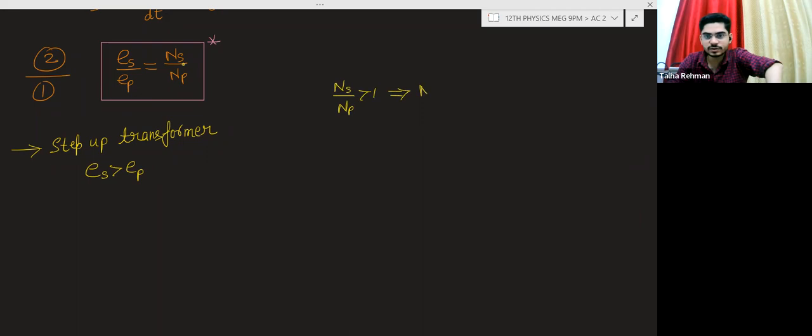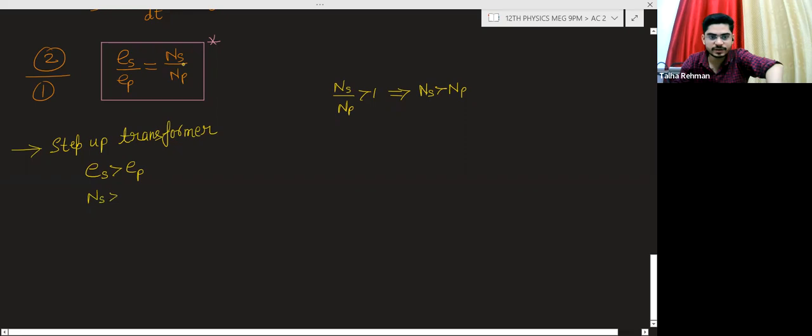So the number of turns in the secondary coil must be greater than the number of turns in the primary coil. So this is the condition for the step up transformer.